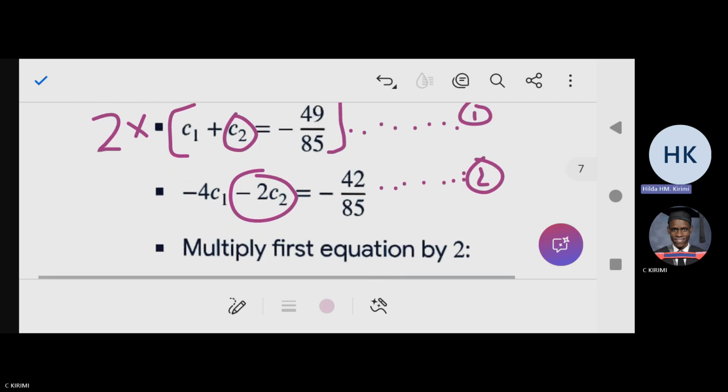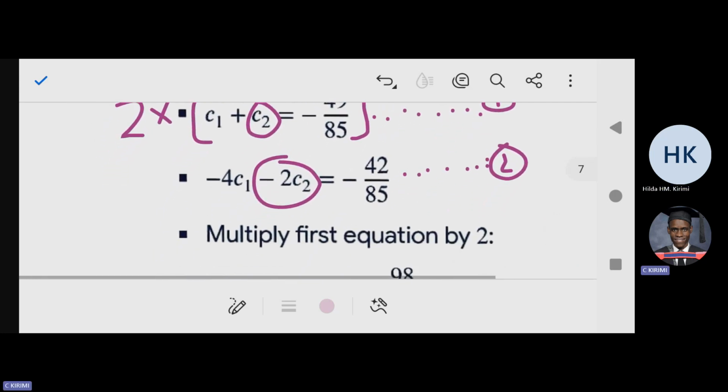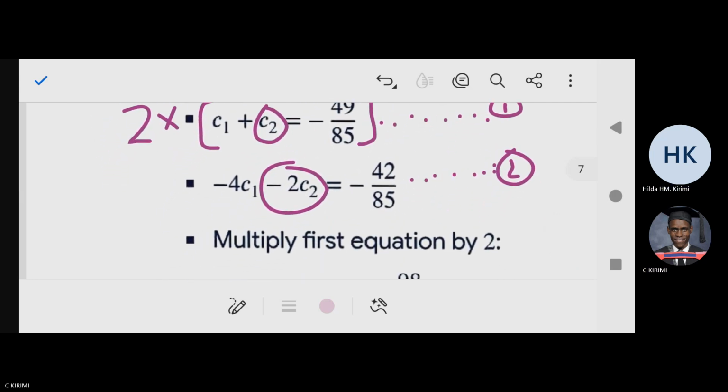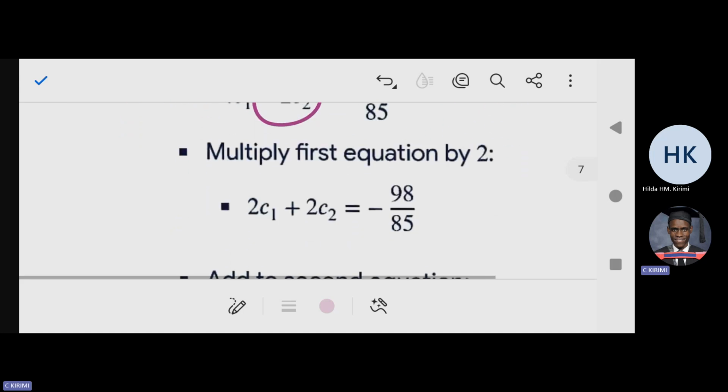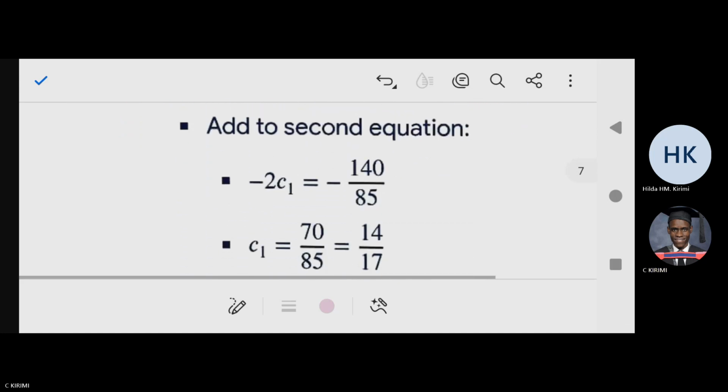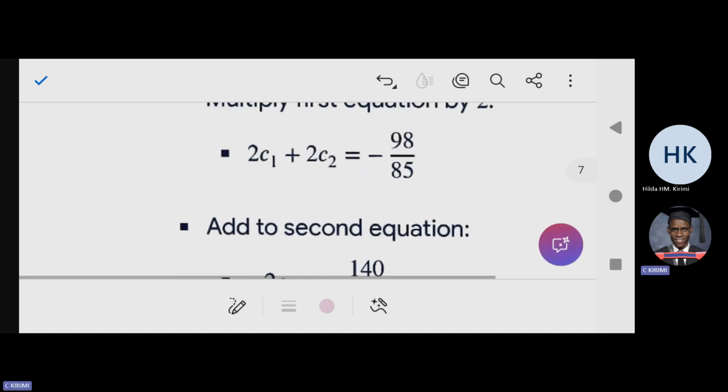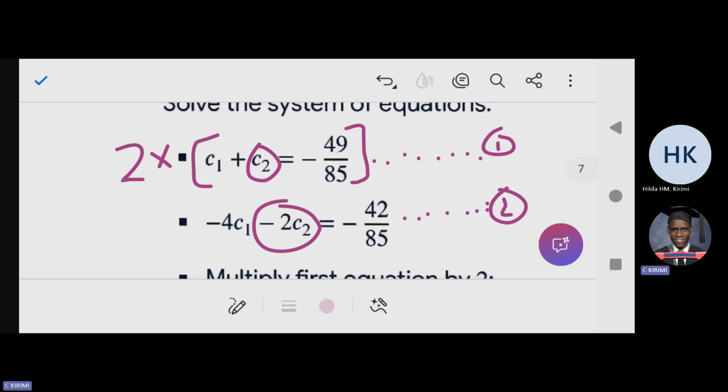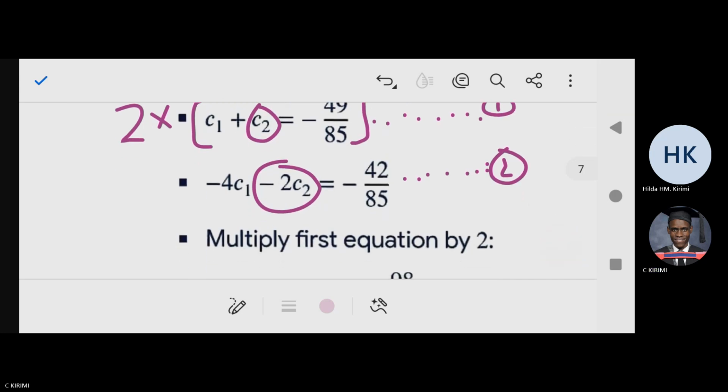So we eliminate C2. How do we eliminate C2 here? It will be 2C2 by adding these two equations. How are we going to add these two equations? They will look like this.